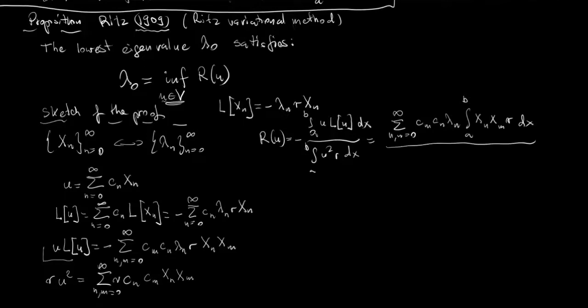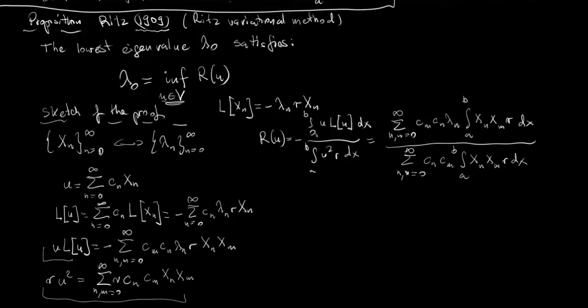Likewise, downstairs there will be the sum over n, m from 0 to infinity of c_n c_m times the integral from a to b of x_n x_m r dx, right?